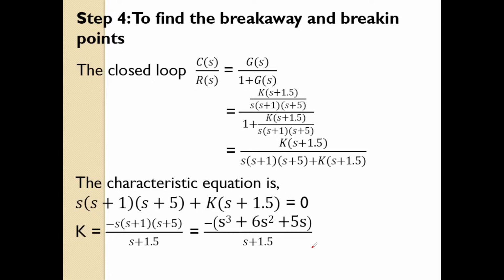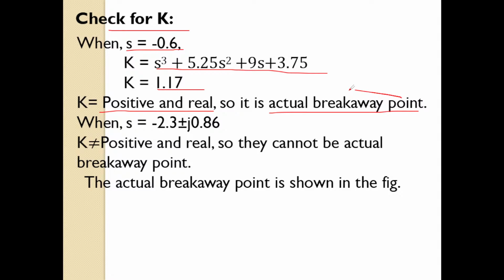Because in our graph you can see there are two poles meeting here, with a root locus between the two poles. So wherever the breakaway point comes on the real axis, from there the root locus has to break away and go towards the zero to meet it. That's why I have mentioned here breakaway point.